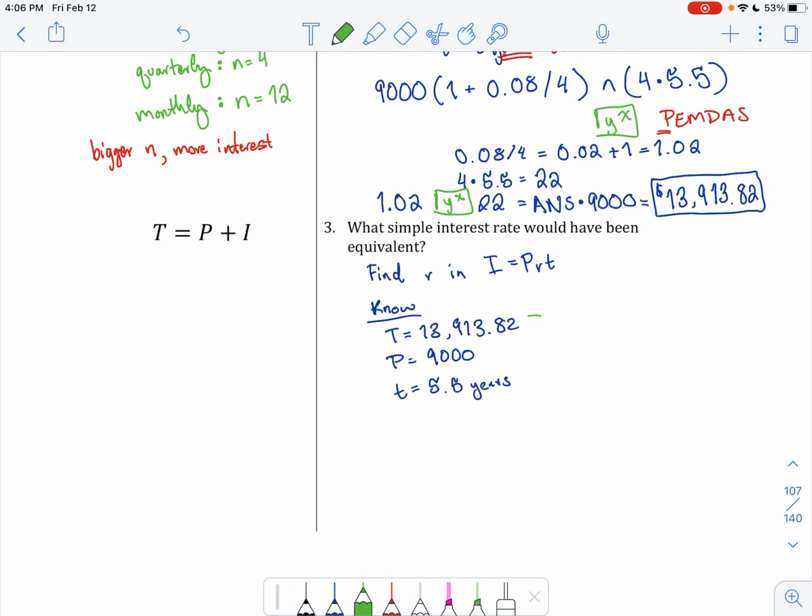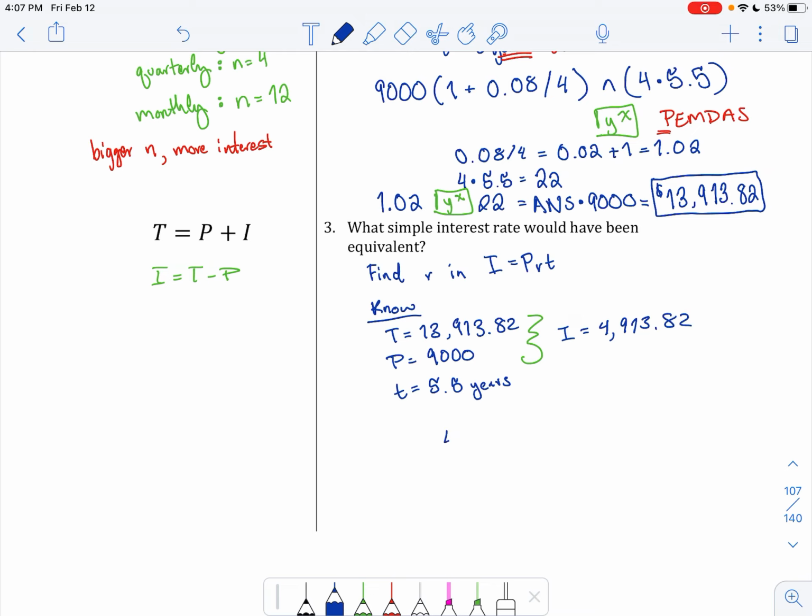So using these together, remember the total is equal to P plus I. That means that the interest is the difference between the total and the principal. So if we just subtract these two numbers, we get that the interest is equal to $13,913.82 minus 9,000, which is $4,913.82.